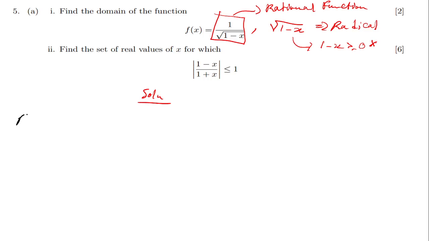So we have f of x equal to 1 over the square root of x minus 1. In this case, you just get what is inside there. You say x minus 1 should be greater than 0.